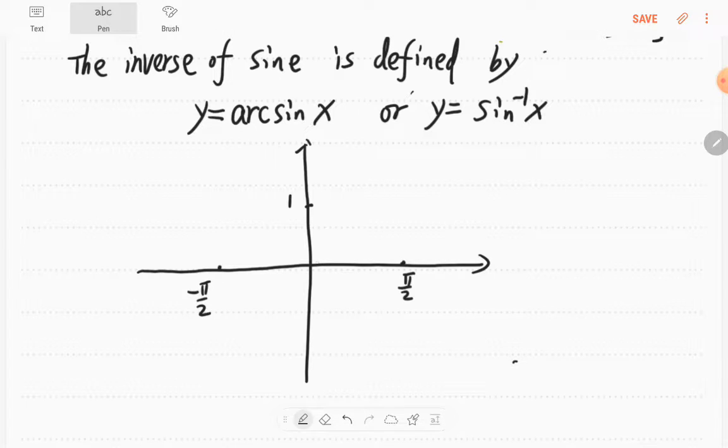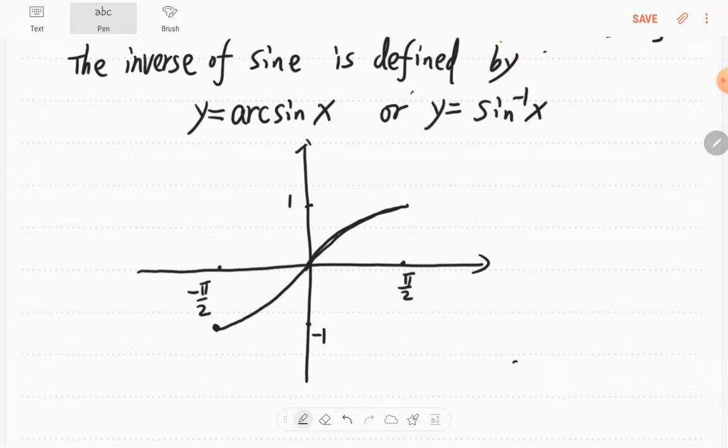The original function is given by this curve, and this is negative 1.